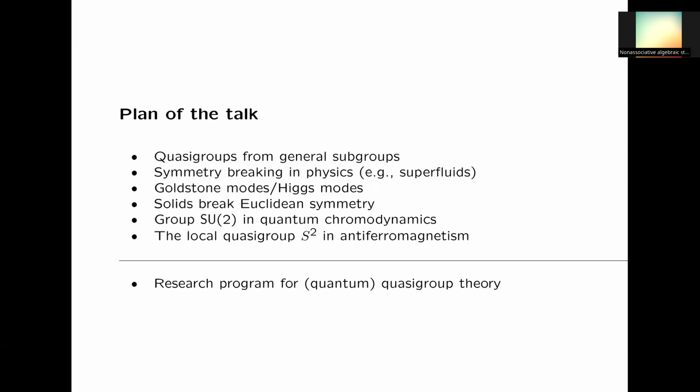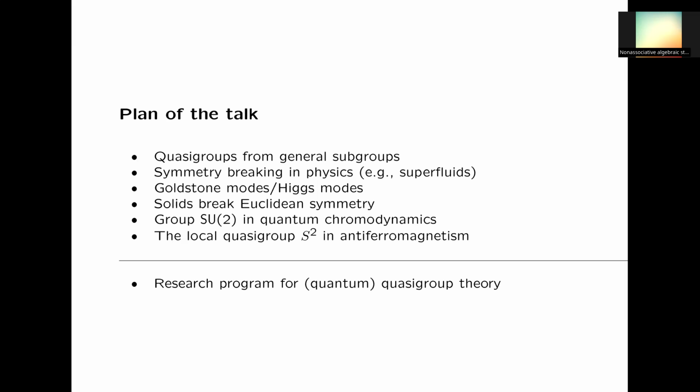So how are we going to do it? Here's the plan. I'm going to start with talking about quasigroups from general subgroups, and then bring in symmetry breaking in physics. I'll give you the standard example for that, the sombrero example connected with superfluids.